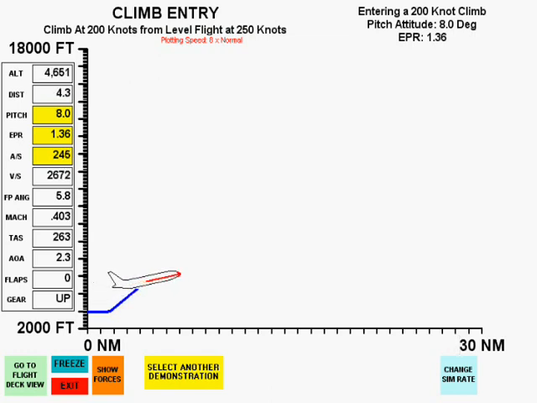We'll increase the plotting speed in order to see everything occur in a timely manner. Notice that the airspeed is decreasing toward its target value of 200 knots.